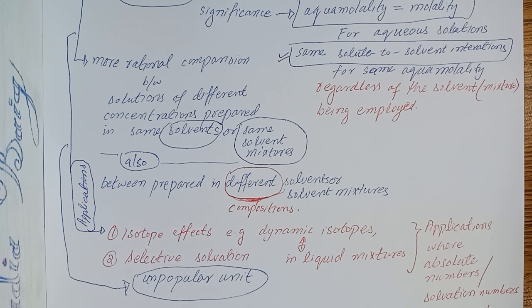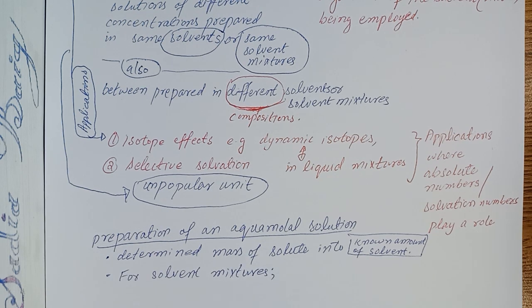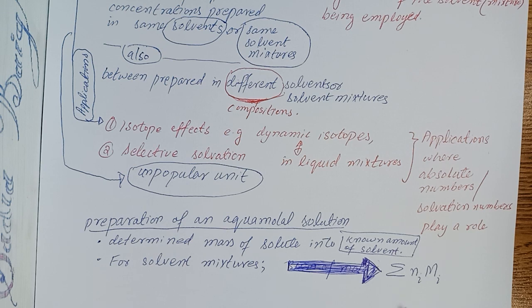So a solution of desired aquamolality can readily be prepared by adding a predetermined mass of solute into the known amount of solvent. For the solvent mixture, the molar mass is taken as the sum of the products of mole fractions and molar masses of all individual components.